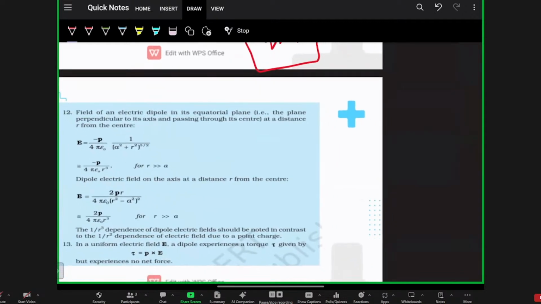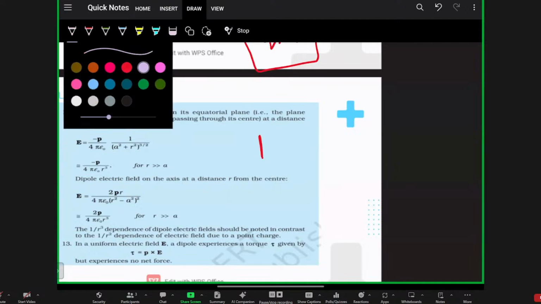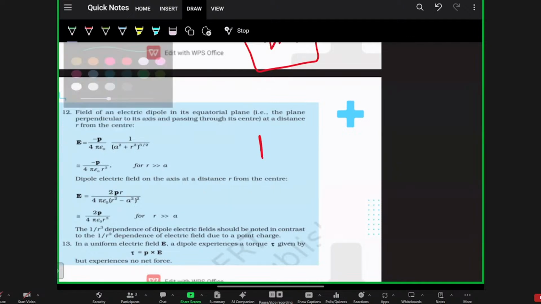There are two scenarios. First, suppose this is the electric dipole, and we have a point on the equatorial line.